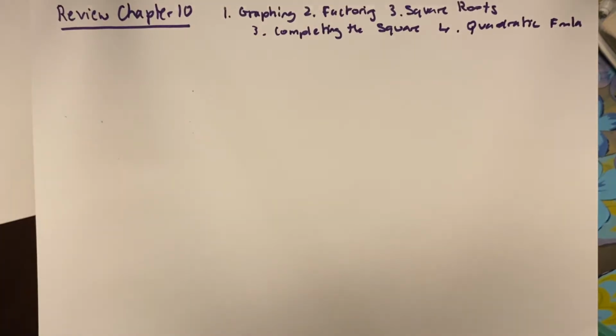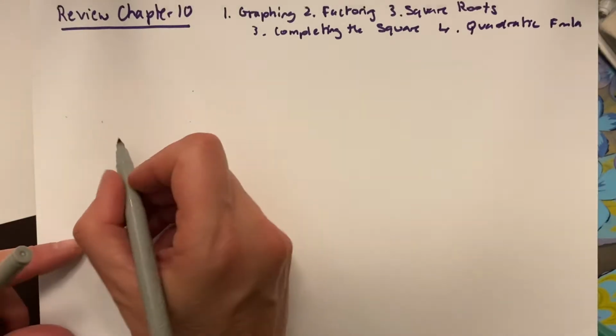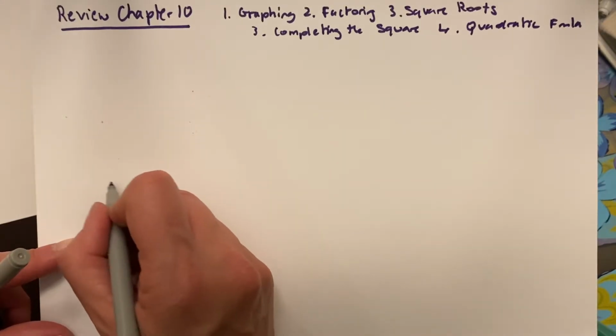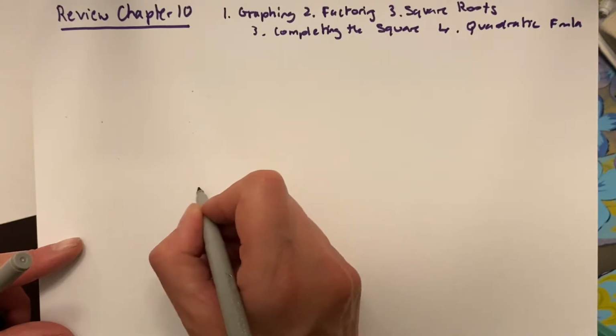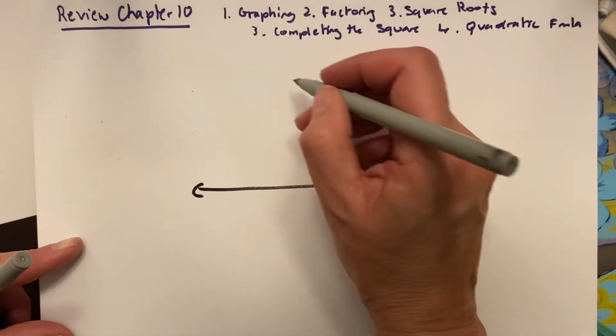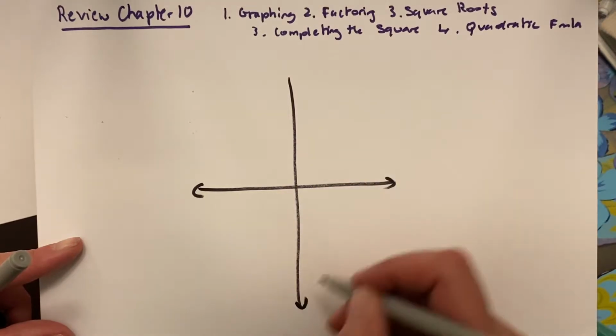But let's go over some of the theory because you need to know how to solve these things. I'm going to draw maybe just one big graph because I want to fit a lot of things on it.